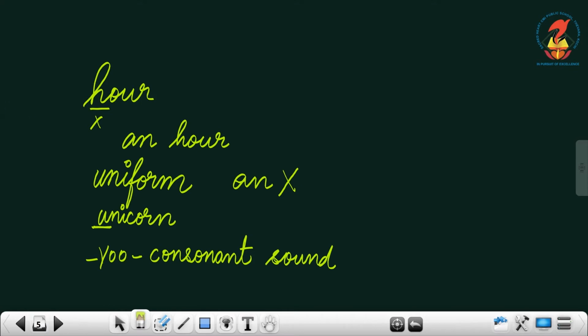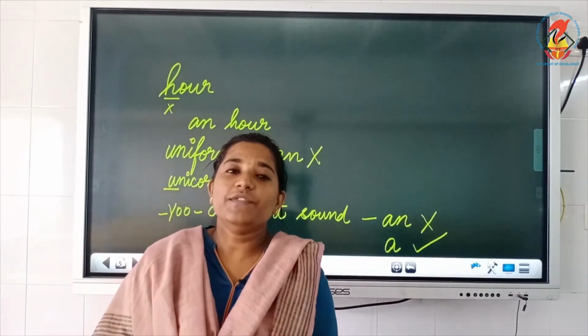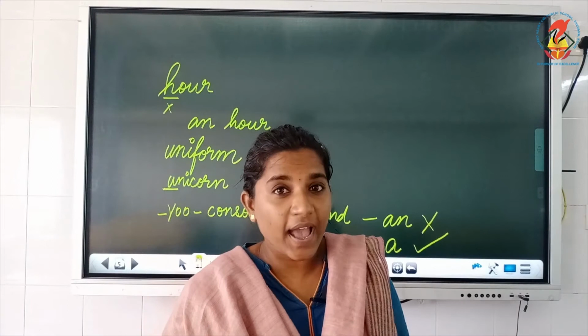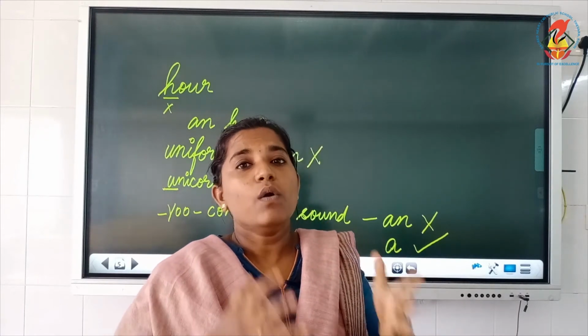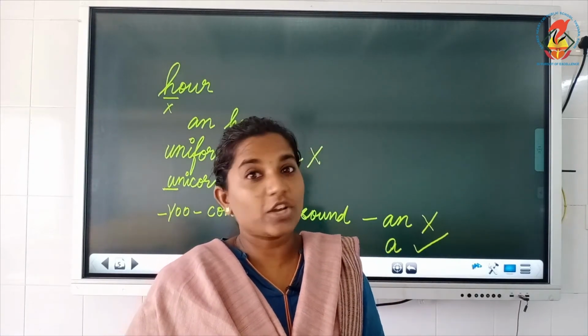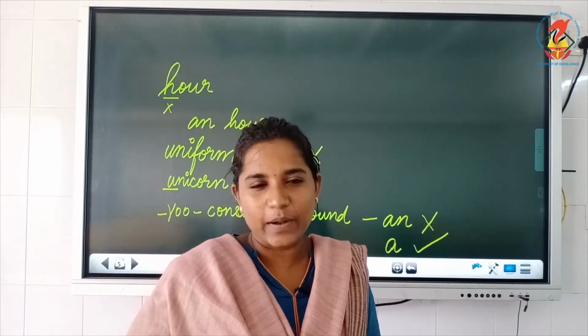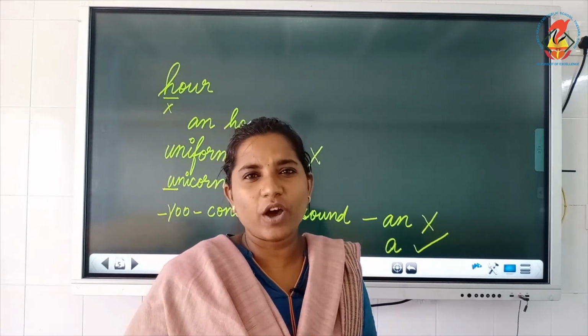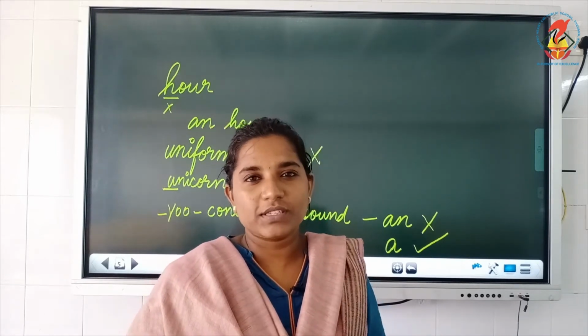So, we cannot use an. An is wrong. A unicorn. That is correct. A unicorn. Understood? So, when we use the article an, we should see whether it is vowel sounds, not letters. Is it clear? So, an is used before vowel sounds.